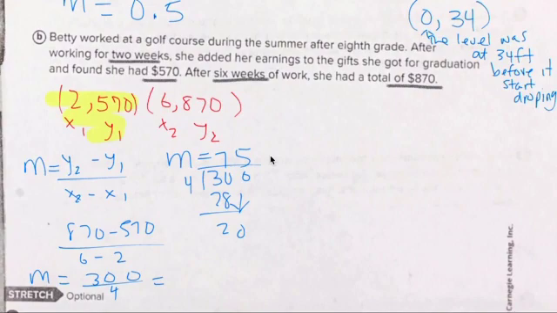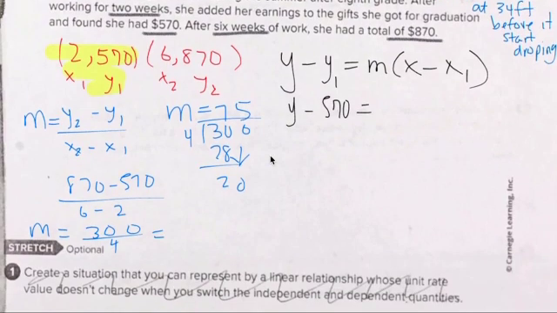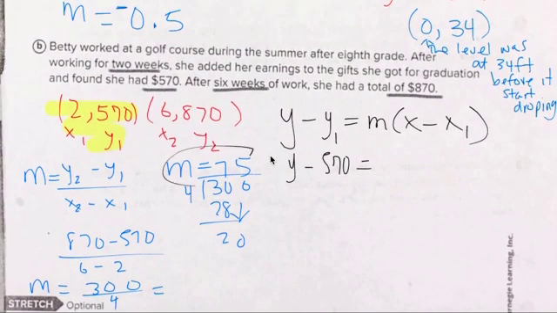Point slope next, y minus y sub 1 equals m parentheses x minus x sub 1. Y minus y sub 1 is 570. M is 75. X minus x sub 1 is 2.